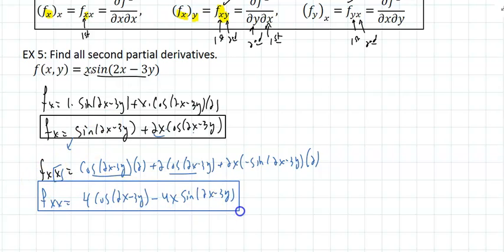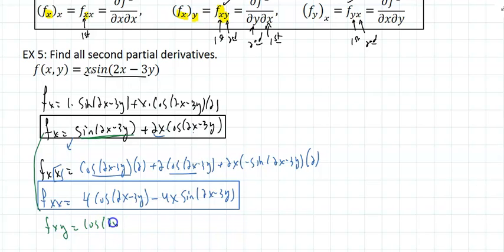That's one of them. I'm going to go to this derivative again and take the derivative with respect to y. It says all of them, right? So with respect to y, this is the cosine of 2x minus 3y times a negative 3, plus, as far as y is concerned, that's a constant. You ignore that. Derivative of sine is negative the sine of 2x minus 3y times a negative 3.